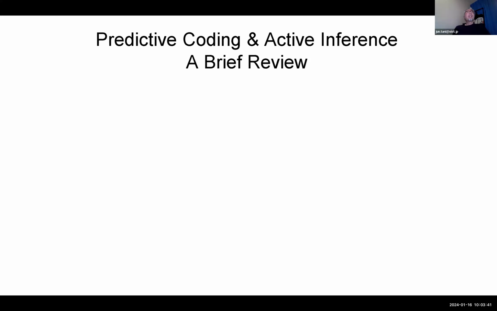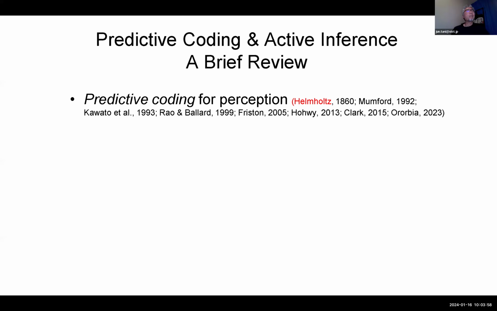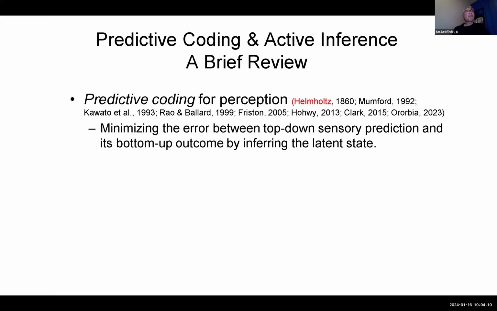Okay, so then I'd like to provide you a brief review of predictive coding and active inference. Probably many of the audience might know the free energy concepts, but I'll just briefly introduce them. Predictive coding is a theory of perception. The idea is to minimize the error between a top-down sensory prediction and its bottom-up outcome by inferring the latent state.